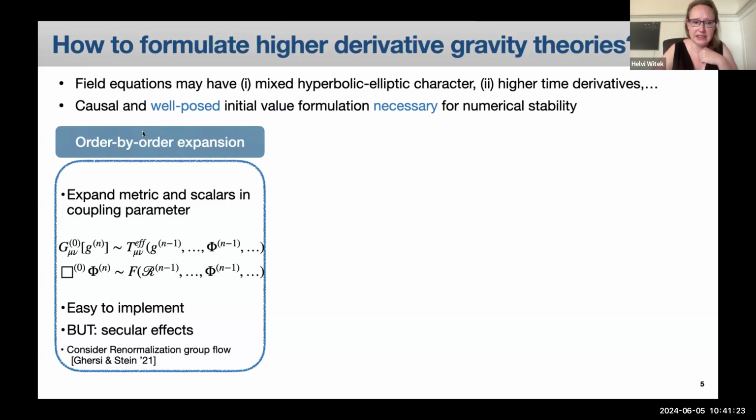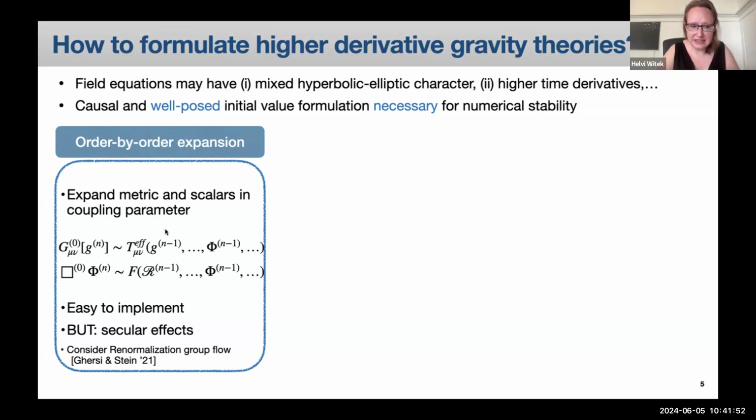What happens then, if you work this through, is that at each order n in this expansion, you get just the Einstein tensor computed from your background, which is general relativity, acting on that nth order of the metric, and you get an effective energy momentum tensor that depends only on the lower orders.